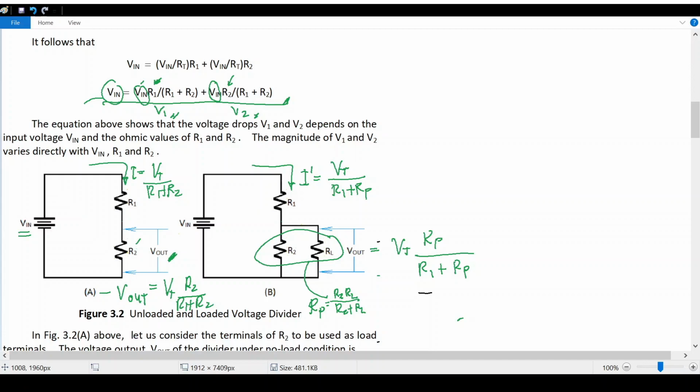R parallel is less than any of the values of resistors R2 and RL, and therefore R parallel plus R1 is definitely less than R1 plus R2, and therefore we expect an increase in current in the circuit.